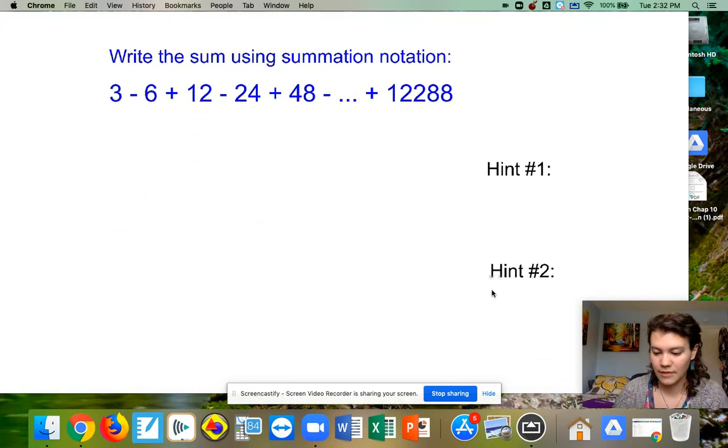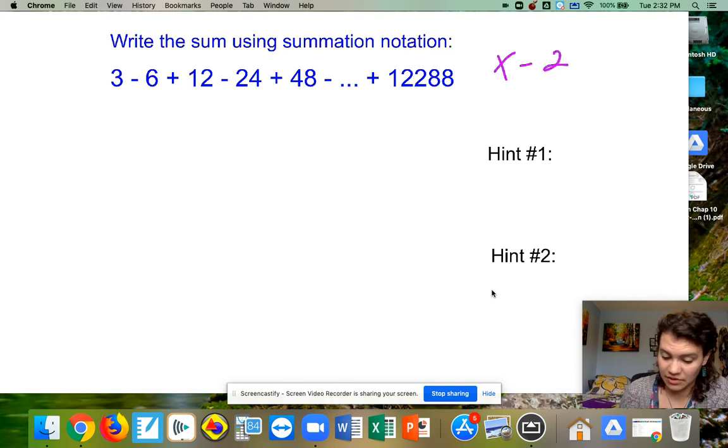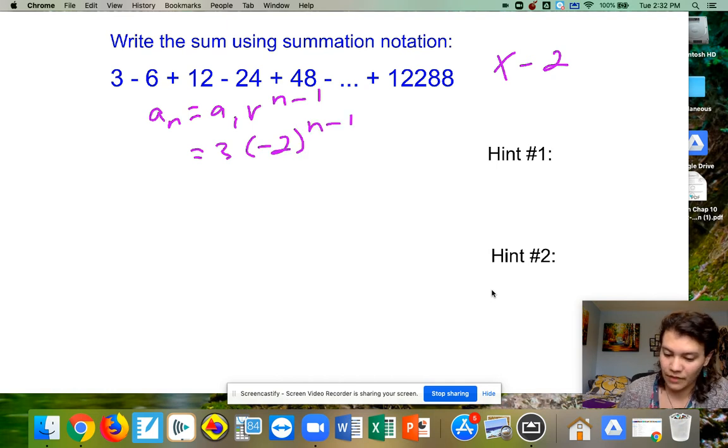So one more. Figure out the pattern first. The pattern here is going to be multiplying by -2, so it's a geometric sequence. We can plug it into this formula. So the first term is 3 times -2 to the n minus 1. And that, again, is going to go into our sigma notation.